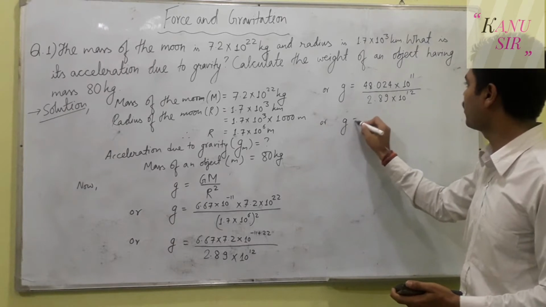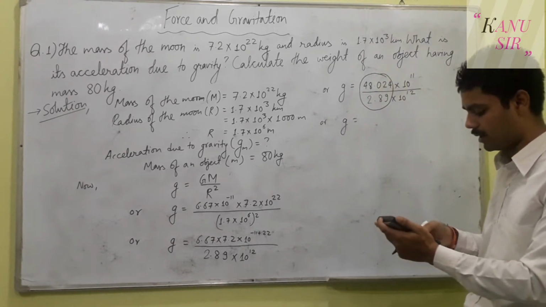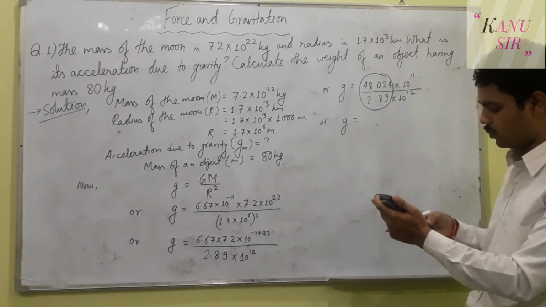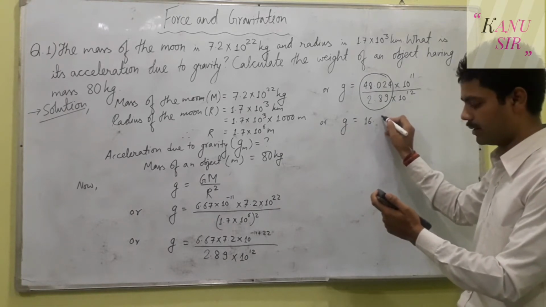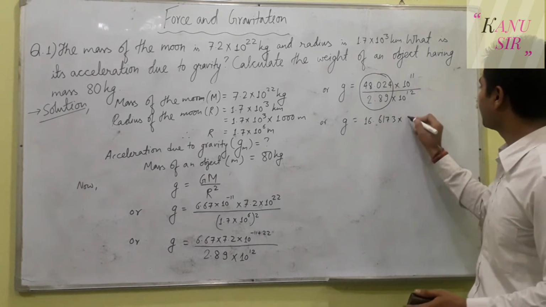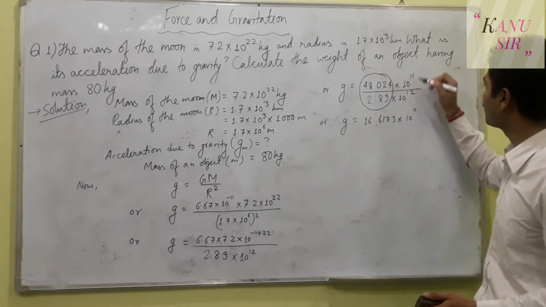Now you can simply divide these two numbers separately in your calculator. 48.024 divided by 2.89, you will get 16.6173 into 10 to the power 11, and this plus 12 will go upward to the numerator.